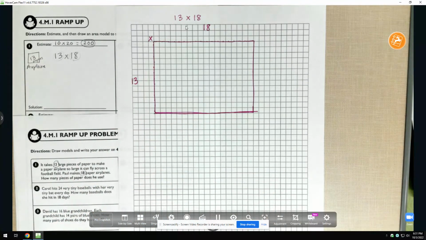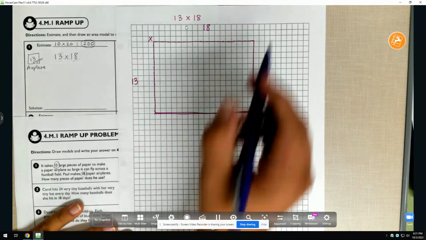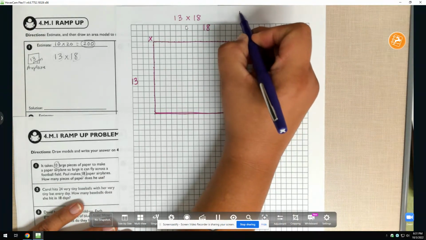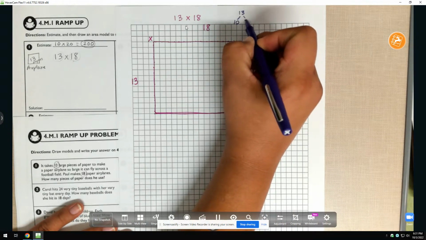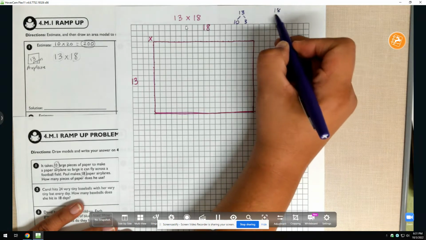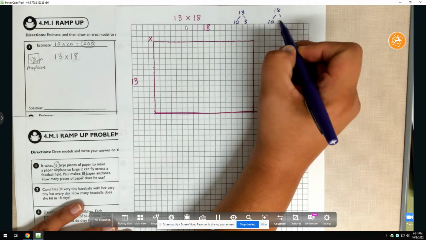Now what I'm going to do is I'm going to decompose my factors. So 13 I can decompose into 10 plus 3. 18 I can decompose into 10 plus 8.